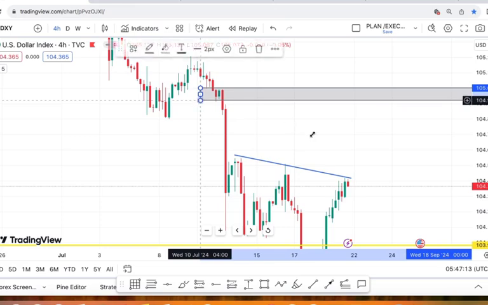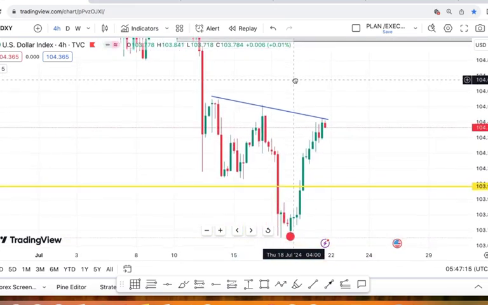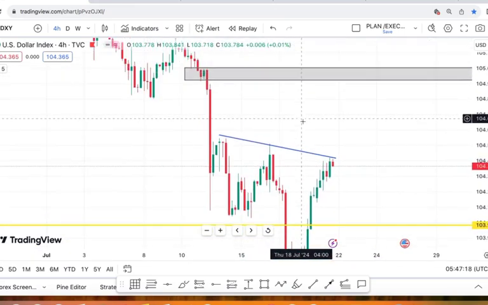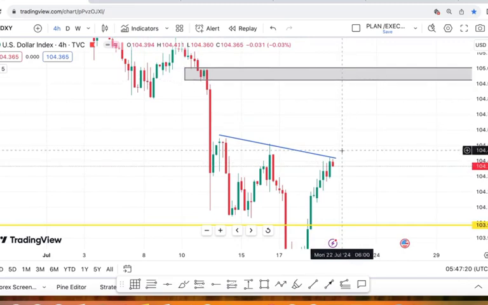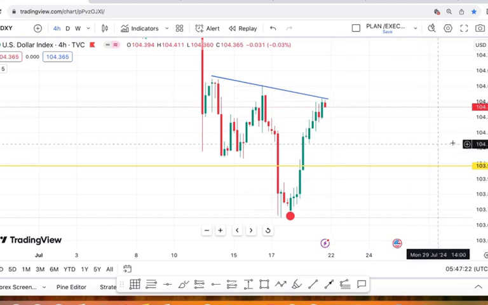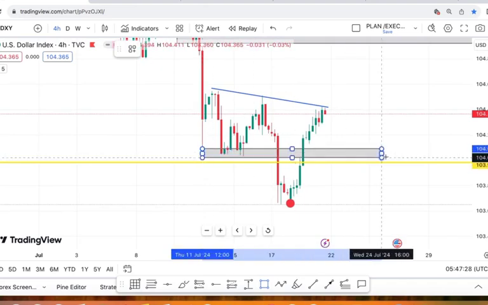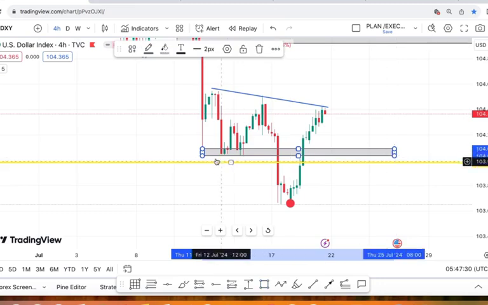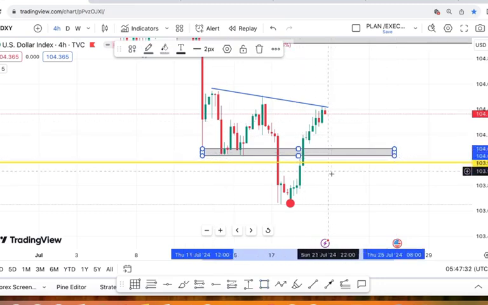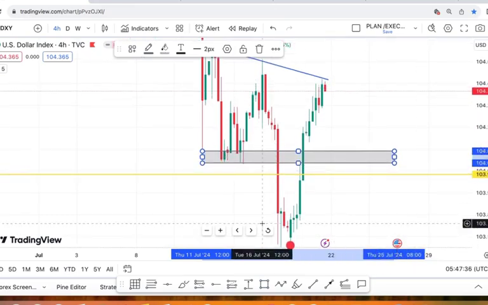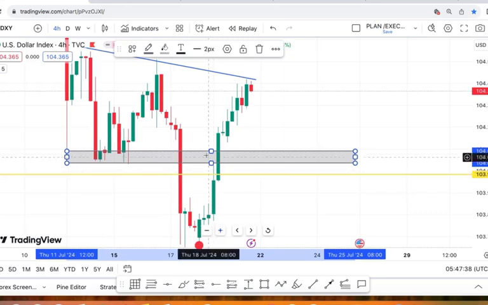So I'm expecting price to tap into this supply zone, but before that, let's look at what price is currently doing. If you note, we have this resistance zone here. This is a support, so I'm expecting price to pull back down, and equally it's a fair value gap.